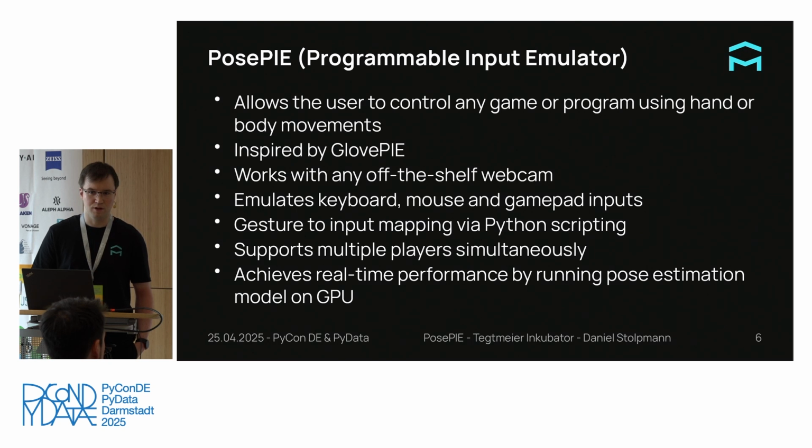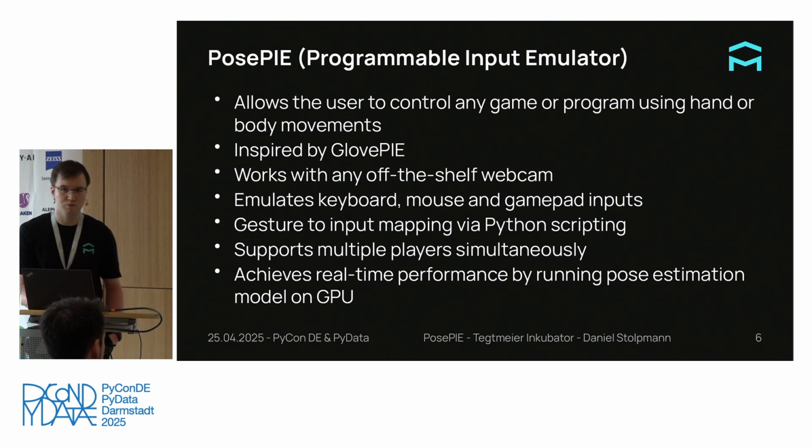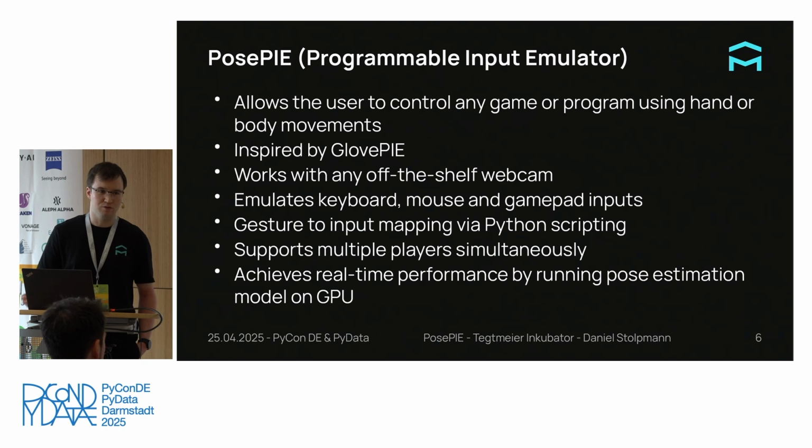It's inspired by GlovePie, which really had a peak right after the Nintendo Wii was released, and a lot of people used it to control applications on the PC with the remote. And we do something quite similar to this, but you don't need any special hardware for running PosePIE. You can just use any off-the-shelf webcam, and then it will detect you, and you control your game or program.